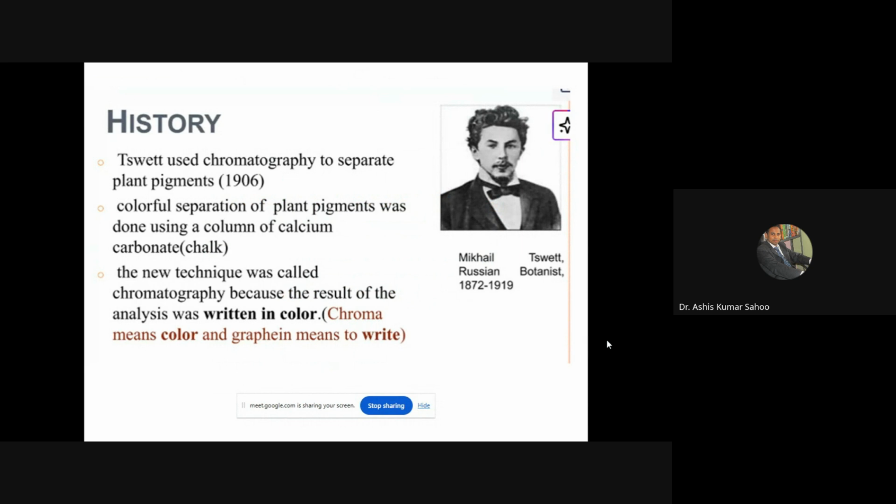Colorful separation of plant pigments was done using a column of calcium carbonate chalk. The new technique was called chromatography because the results of analysis were written in color. Chroma means color.